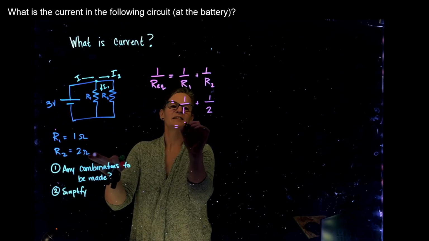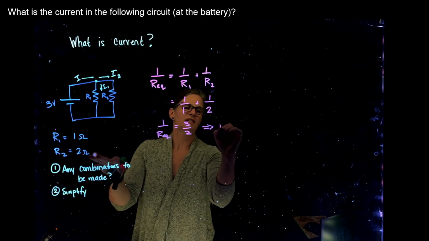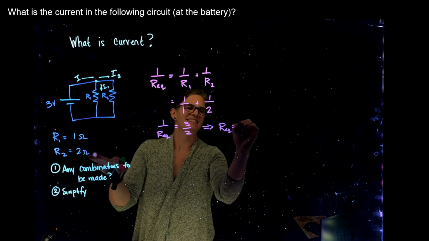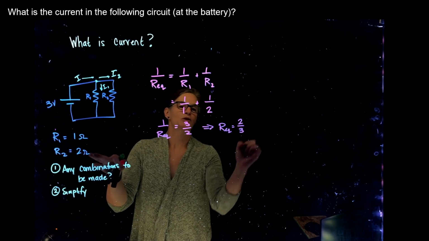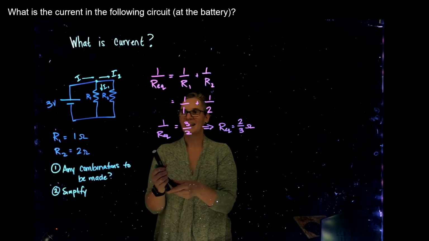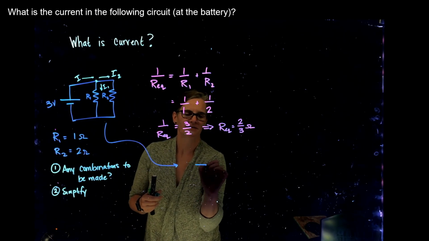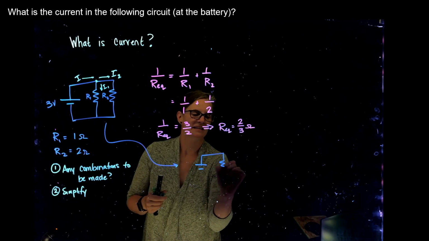This gives us 3 over 2 as our 1 over our equivalent resistance, which tells us that our equivalent resistance is 2/3 ohm.